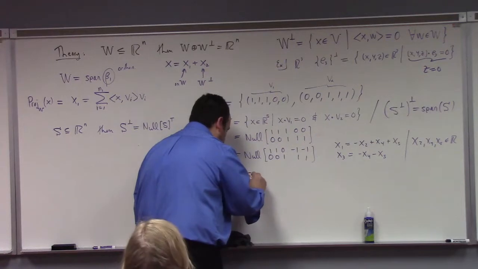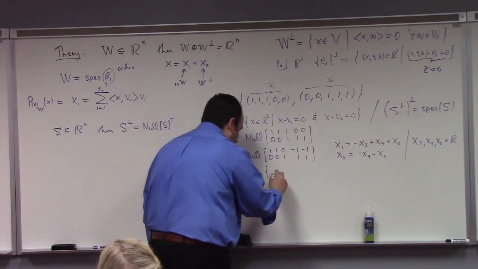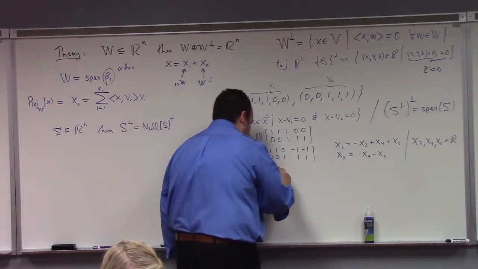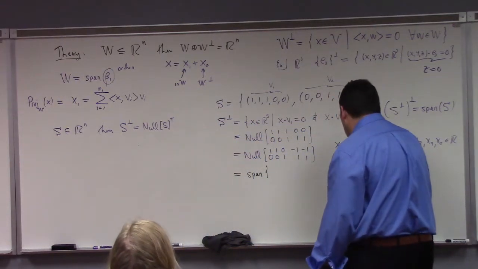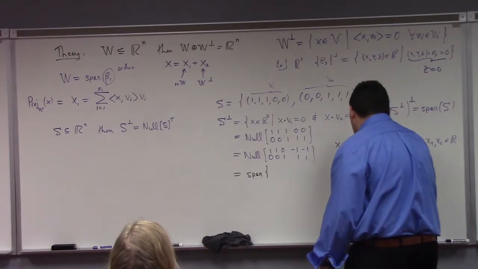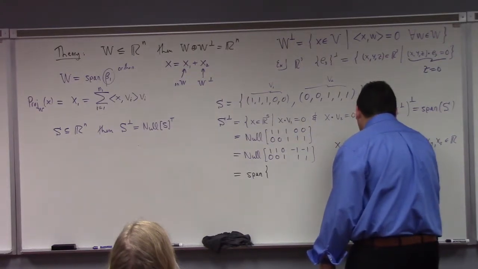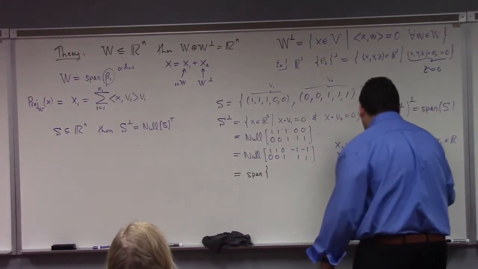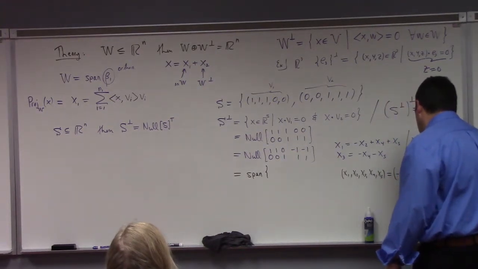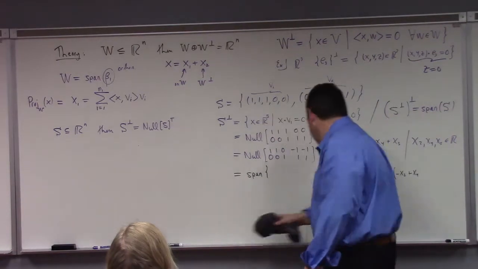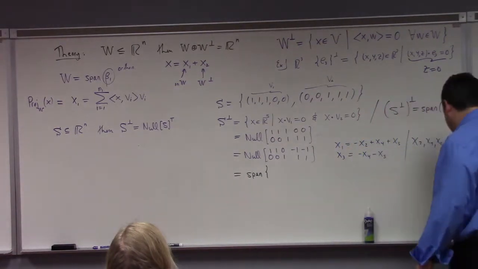All right, so this is the span of, let's see here. Let me do the calculation off to the side. So we've got x1, x2, x3, x4, x5, which is equal to, in this context, minus x2 plus x4 plus x5.